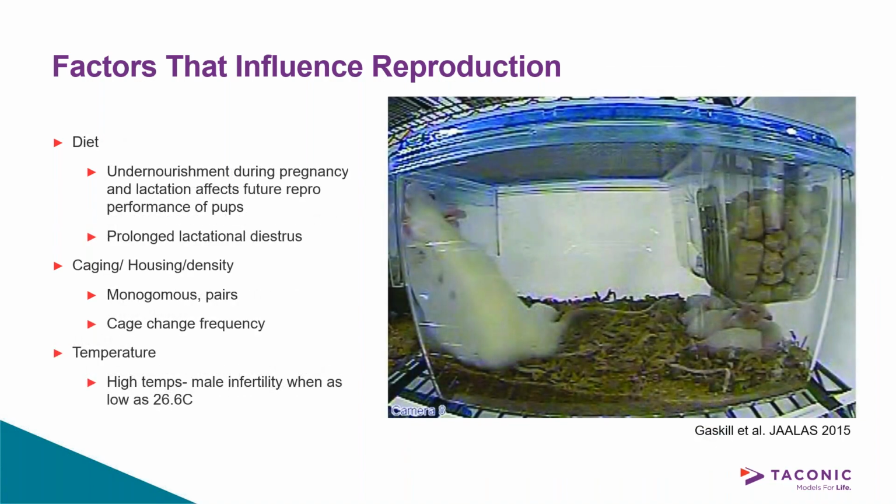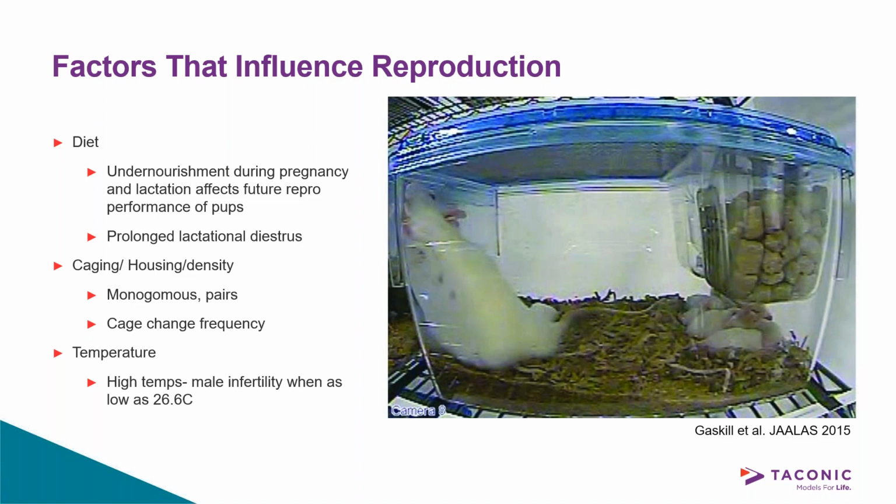Diet, we have well-formulated rodent diets. I think rats have probably been the species that we have the most nutrition data on, so their diets are pretty whole. But if you're working with a diet that is nutrient deficient because that's what the research requires, or if you have a process where maybe your autoclave is malfunctioning and some of those nutrients are out of spec, then you could see undernourishment during pregnancy.